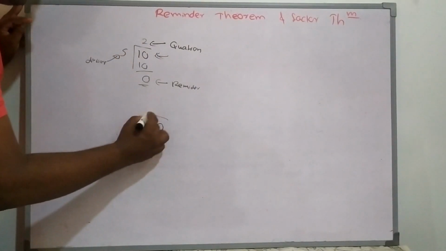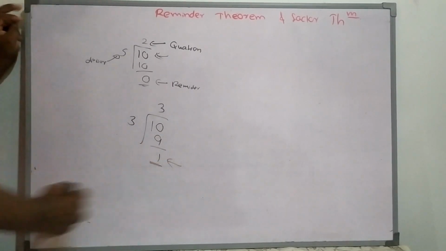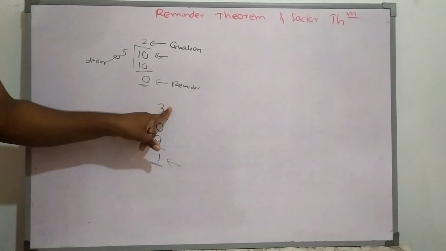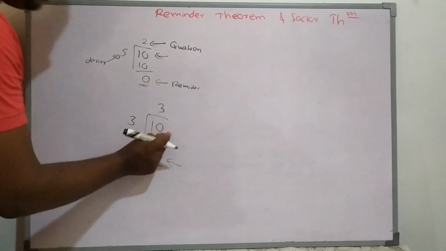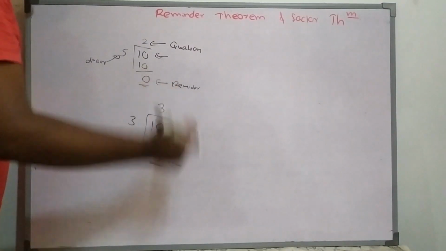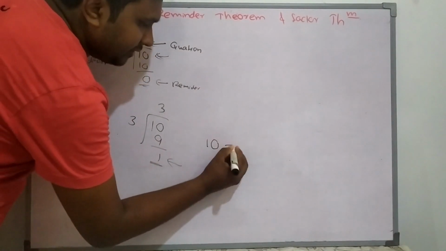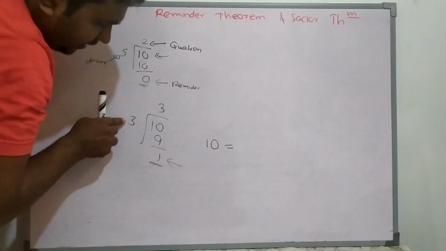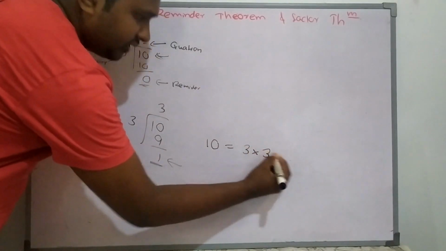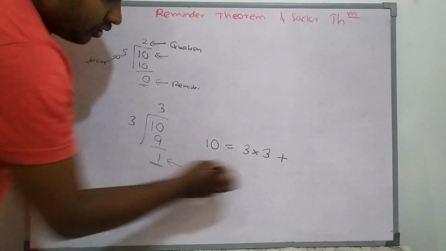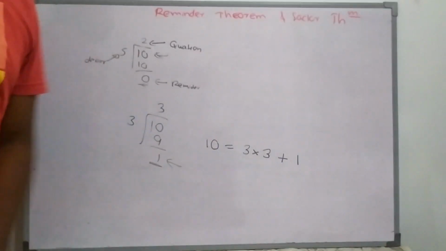Once you divide 10 by 3, it's 9 and 1. Here the remainder is 1 and the quotient is 3. The divisor is 3, and 10 is known as the function or something, right? Actually we can write 10 as divisor into quotient plus remainder: 3 into 3 is 9, 9 plus 1 is 10.